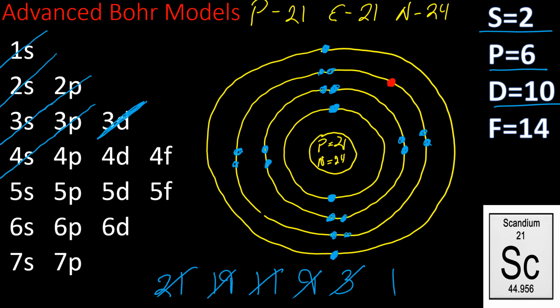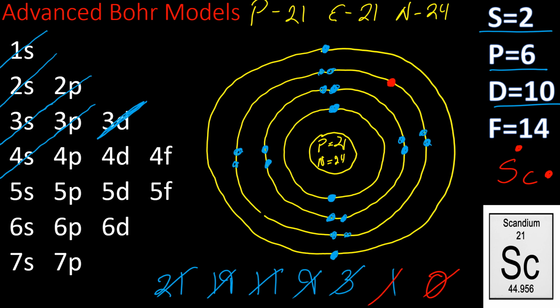And I'm going to use red to kind of highlight it. And now I'm at 0 electrons. So I only have 2 valence electrons. So if I were drawing a Lewis dot for this, I would have 1, 2 valence electrons.